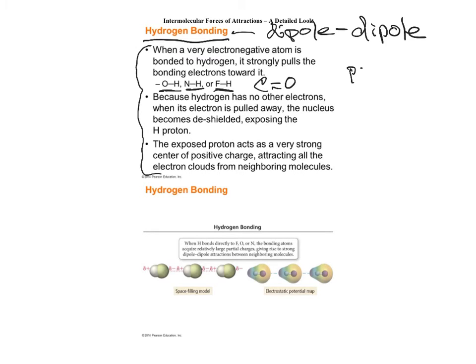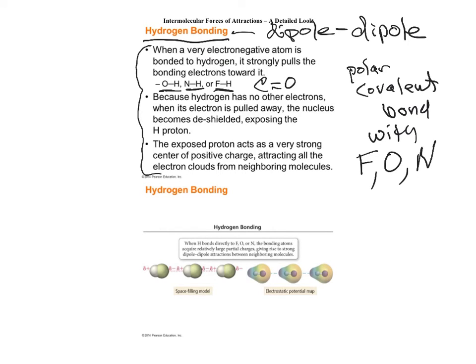If you have a polar covalent bond with F, O, or N, fluorine, oxygen, or nitrogen, all of these are polar covalent bonds, and they involve F, O, or N, okay? Then a hydrogen bond can form.